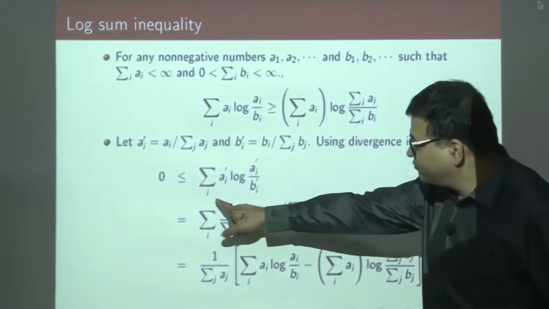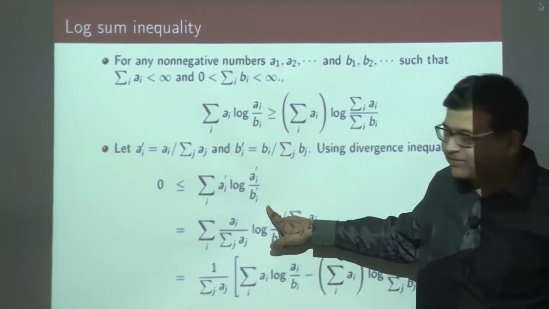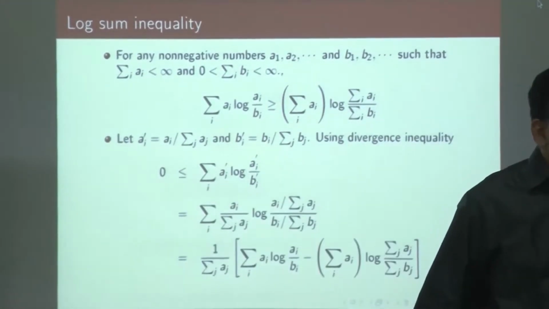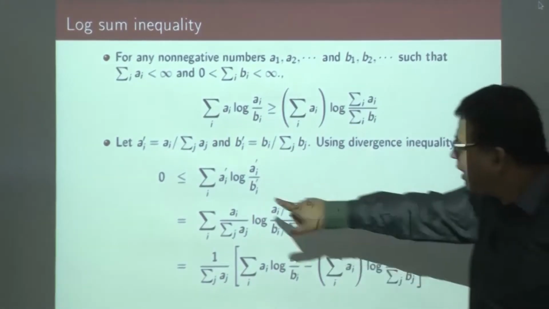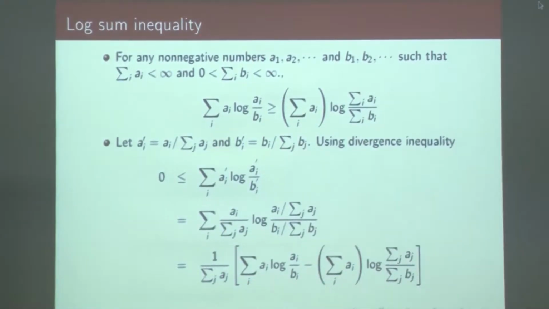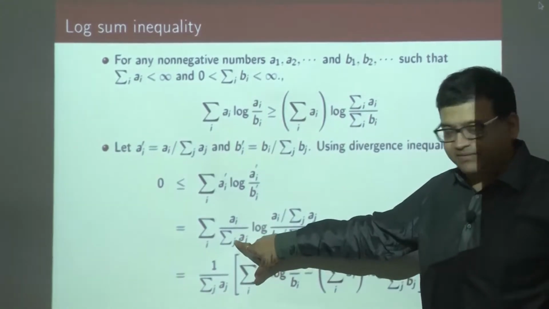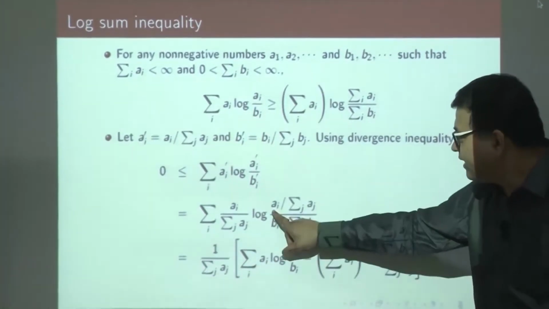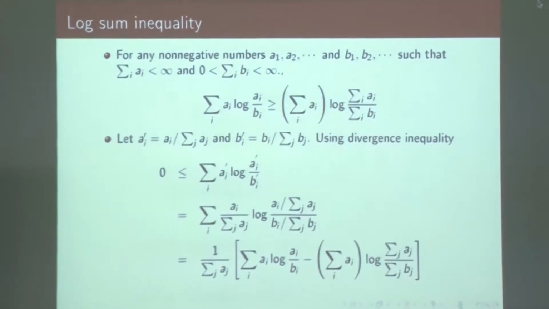So this is from the definition of divergence between ai dash and bi dash, and this is greater than or equal to 0. We have already proved this result, right. Now we plug in what ai dash and bi dash are. So ai dash was ai over the summation of ai's, log of ai over the summation of ai's divided by bi over the summation of bi.